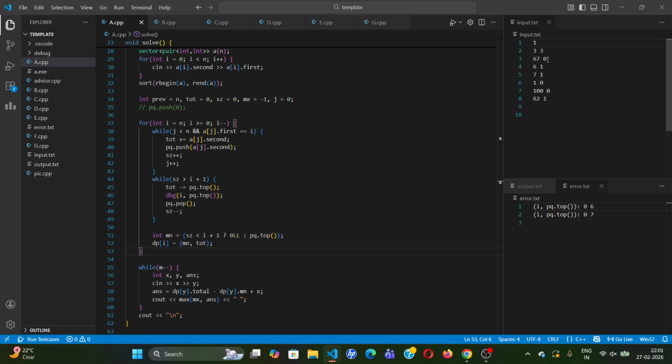It needs to add 67. Total minus equals to 6 and total minus equals to 7.